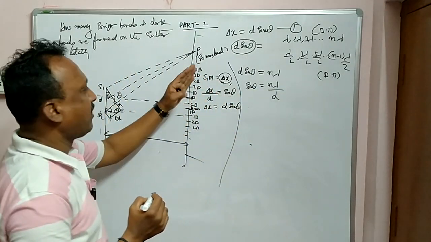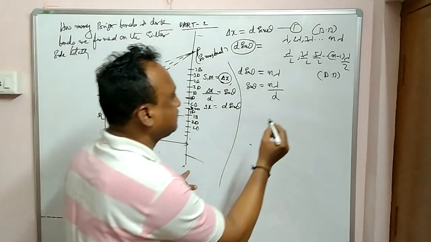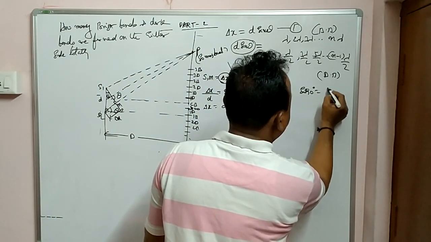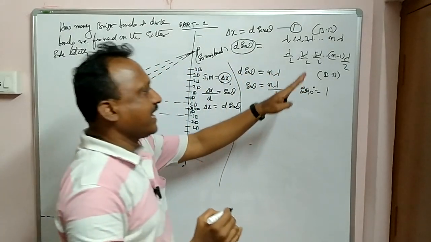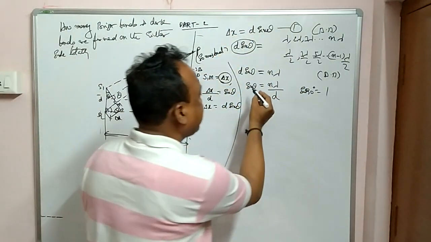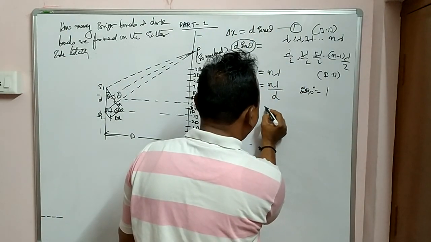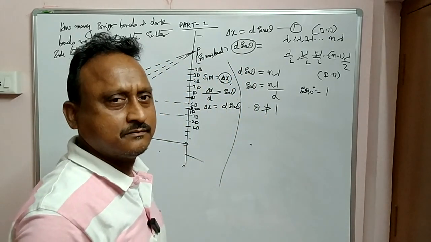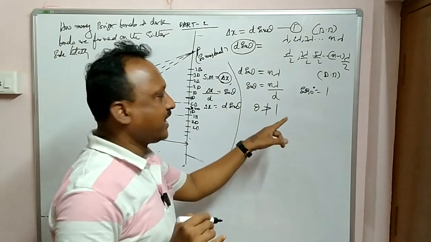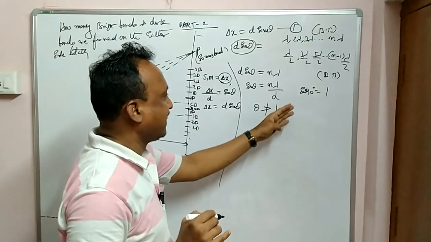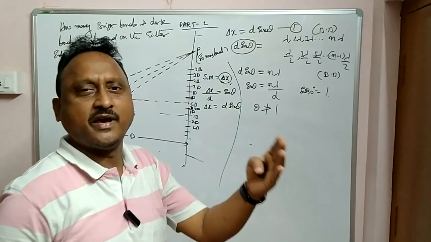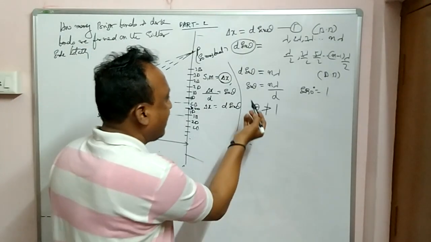But you can see what the maximum value of sin theta is. See, sin 90 is equal to 1. So the value cannot be greater than 1. What does that mean here?